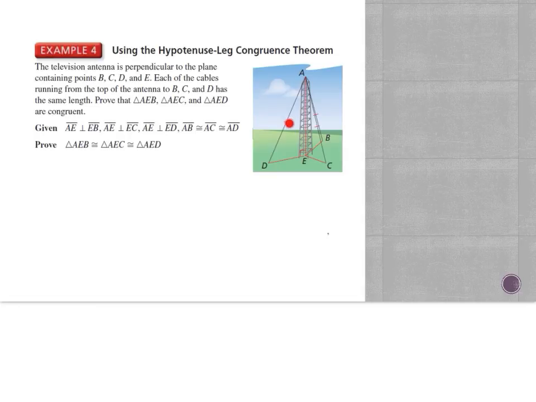And notice that in our picture, all these three segments have congruent marks. So we're trying to prove that each of these triangles that are formed by all these segments are congruent.